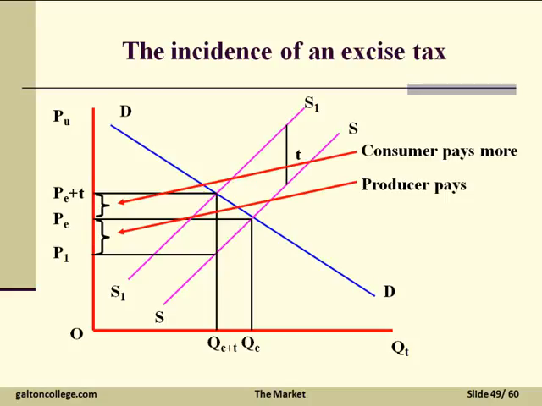So in other words, the total tax, T, that the government receives, part of it is being paid by the producers and part is being paid by the consumers. The precise amount paid by each will depend on how sensitive the market is to the increase in the tax.